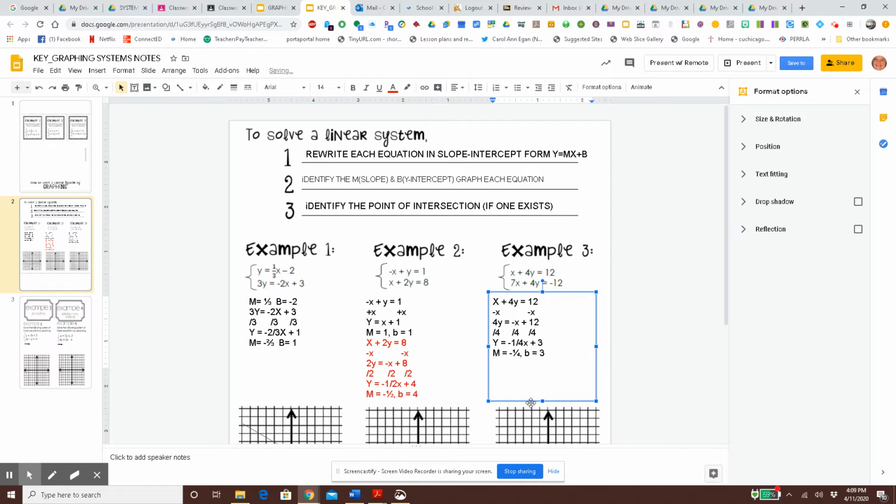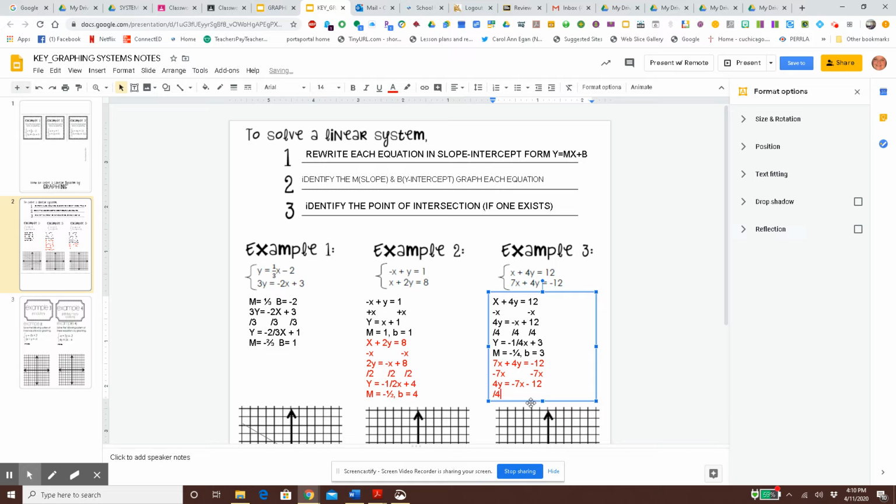And I'm just changing it for the second one, so I have 7x plus 4y equals negative 12. I'm going to subtract 7x from both sides. It's going to give me 4y equals negative 7x minus 12.